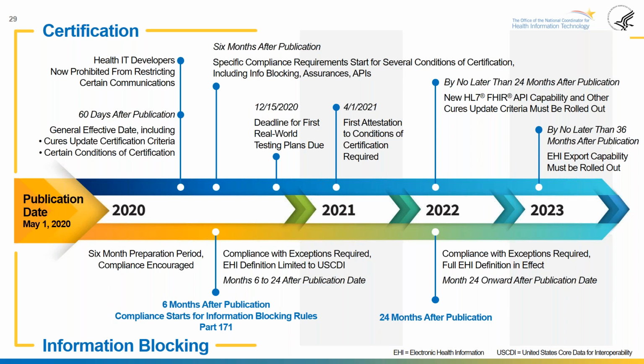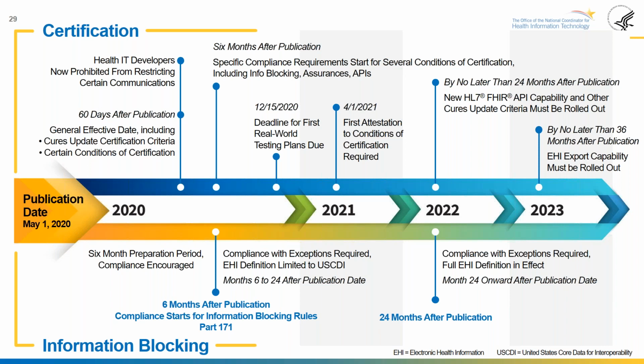For the purposes of information blocking, that provision of the types of information within the US CDI does not have to be in full accordance with the standards and implementation specifications referenced in the US CDI and its data elements that will be required on the certification timeline and eventually will be available to all healthcare providers using certified health IT.